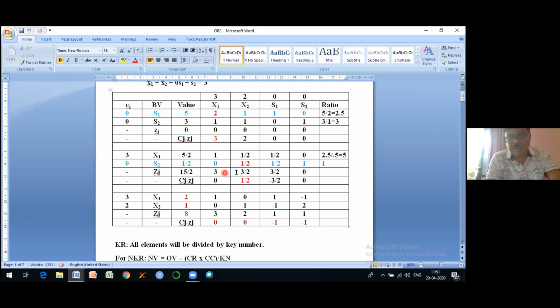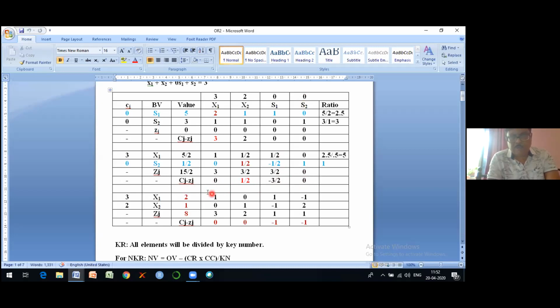So 3 by 2, 3 by 2, 0. Now Cj minus Zj. This value 3 minus 3 equal to 0. 2 minus 3 by 2 equal to half. 0 minus 3 by 2 equal to minus 3 by 2. 0 minus 0 equal to 0.